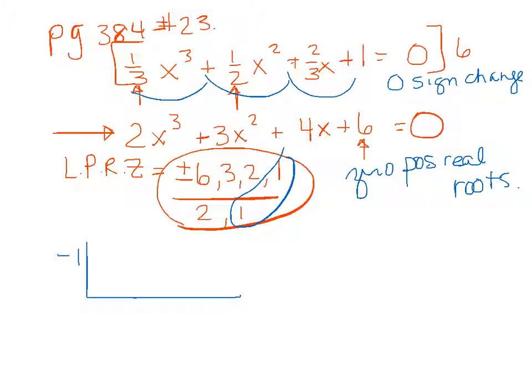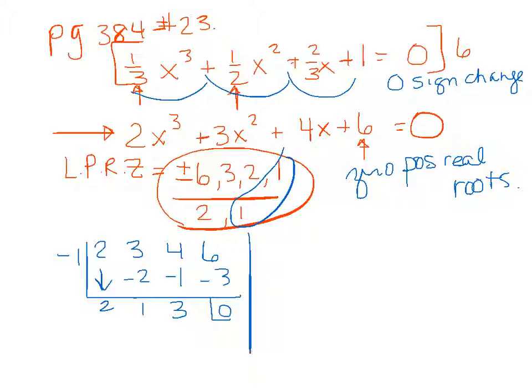That's the easiest one to start with. When I test the minus 1, I got my coefficients 2, 3, 4, and 6. Bring down the 2, minus 2, add, multiply, add. Nope, that didn't work. Let's try something else. Minus 1 didn't work. Let me try minus 2.